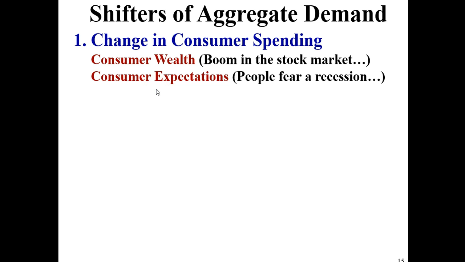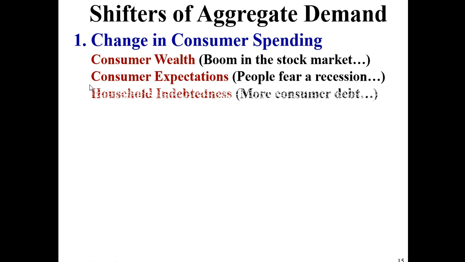If people fear a recession, then their consumer spending is likely to decrease. And if they have confidence or optimism in the future, they're more likely to be willing to spend. And that's why we get constant reports in the economy about consumer confidence. We hear these numbers a lot because it matters as far as what's going to happen today with consumer spending and aggregate demand.